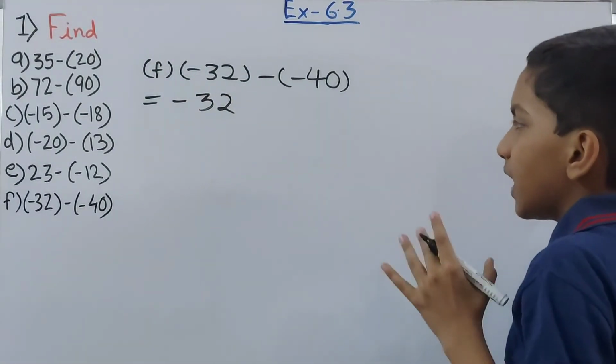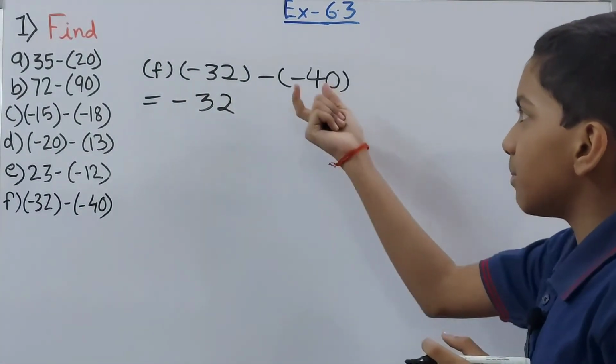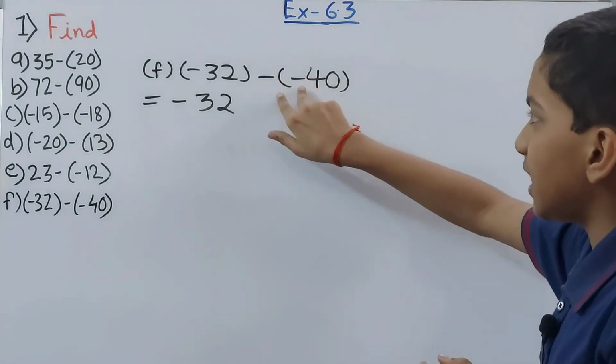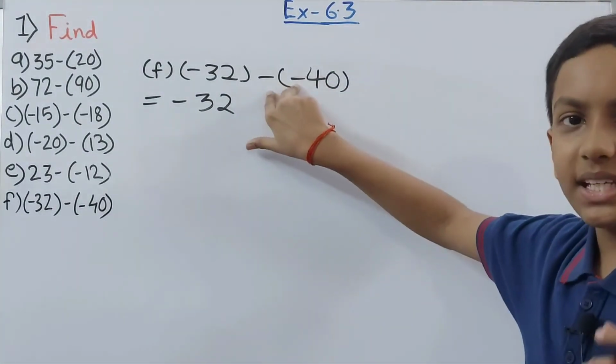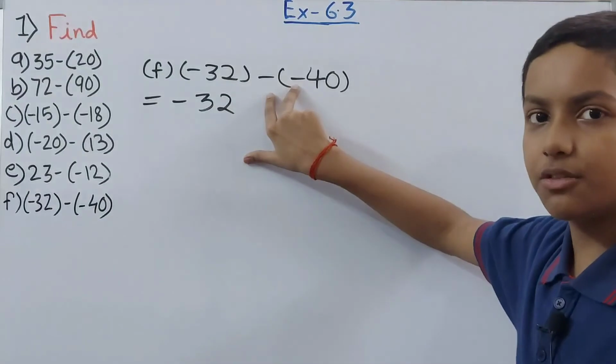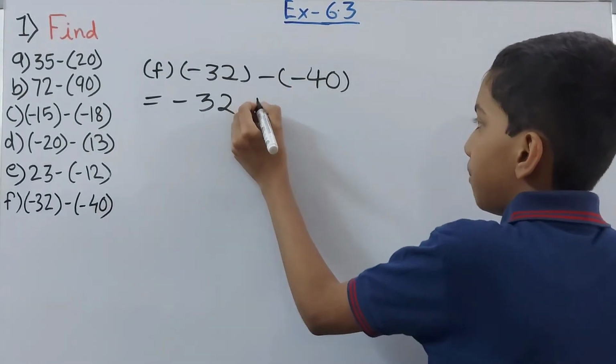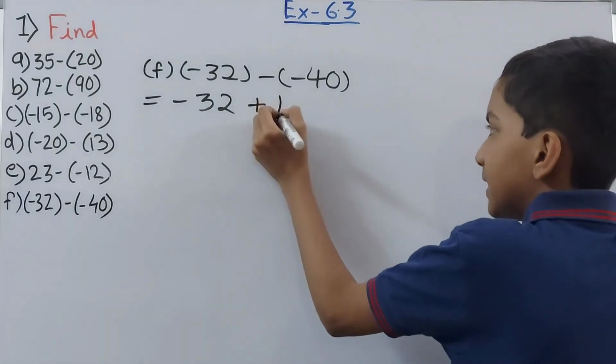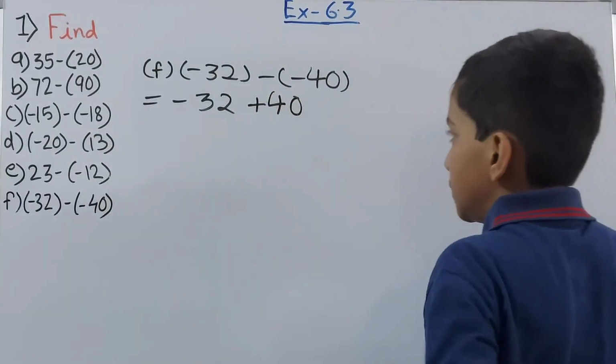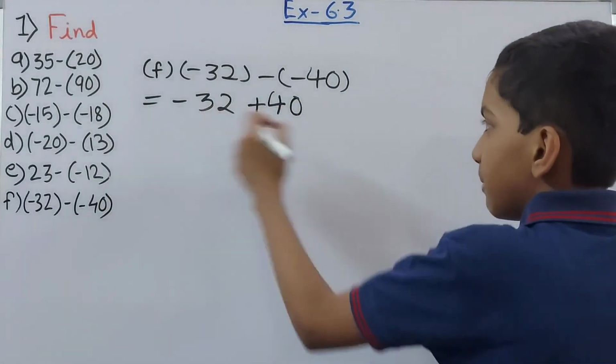Alright, now we have removed the brackets of the first number, and to remove the brackets of the second number, here we have minus minus is equal to plus sign. That means we will write a plus sign here, and then the second number, that is 40. This becomes plus 40 and minus 32.